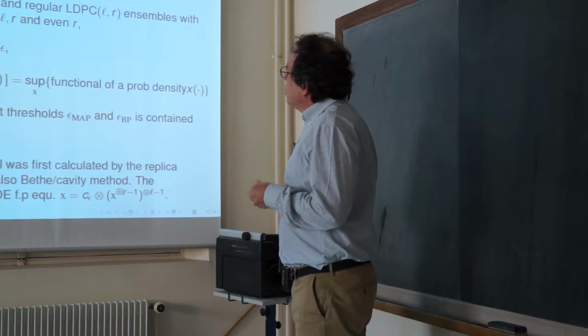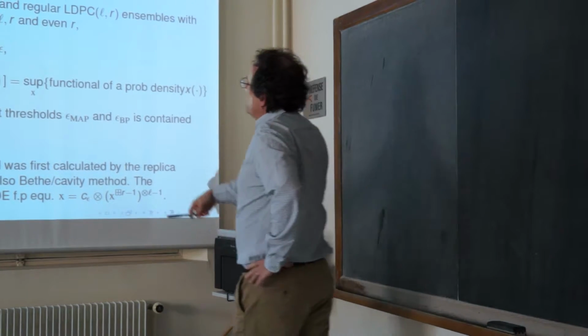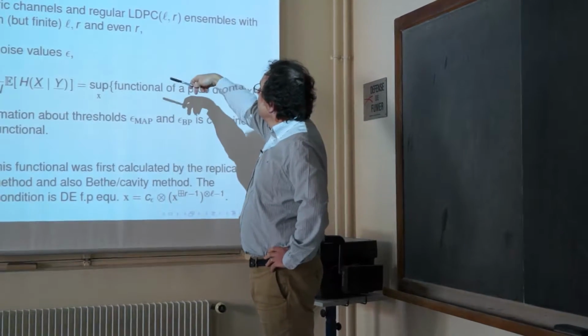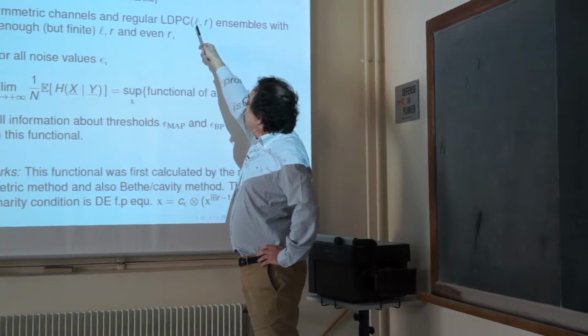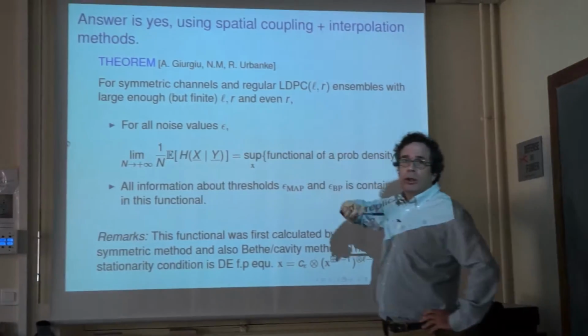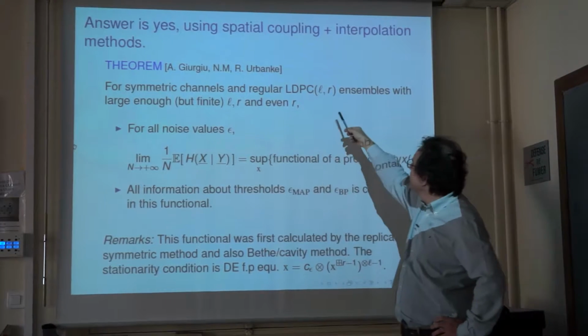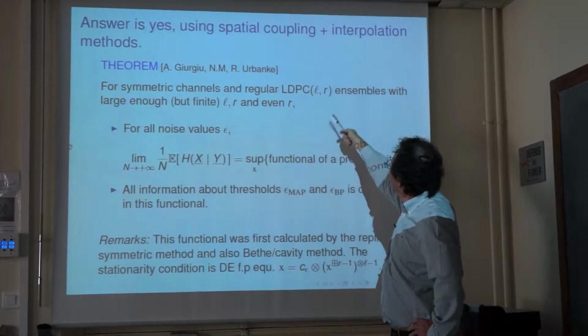So what we can show is the following, that for binary input and symmetric channels and regular, we limit ourselves to regular codes because, okay, we stopped working at some point. It becomes more and more technical.